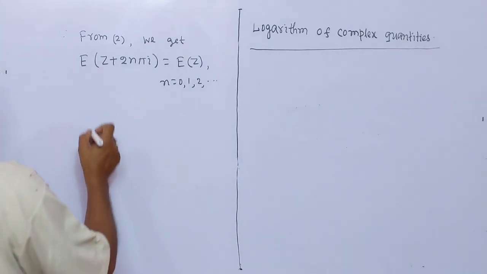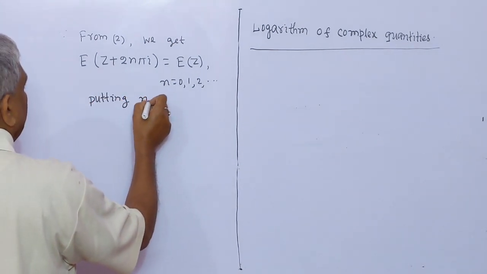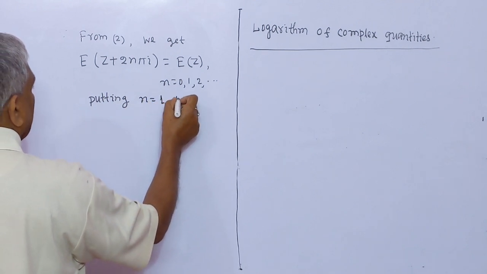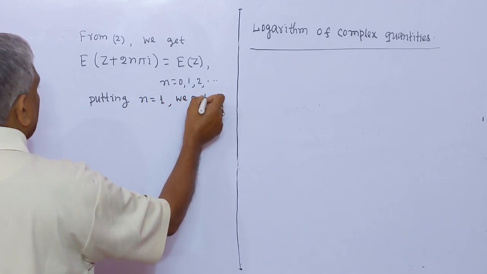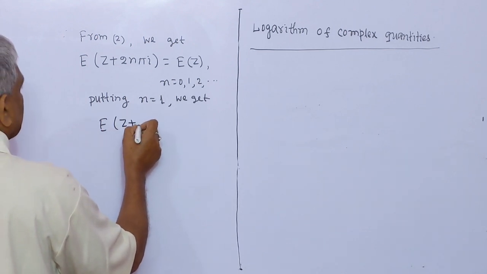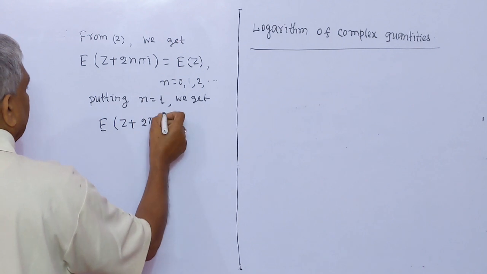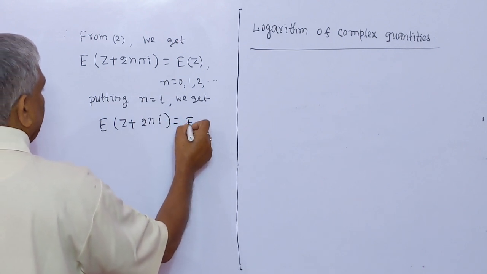But if we put n equal to 1, we get E(z plus 2 pi i), and the value for n equal to 1 equals E(z).